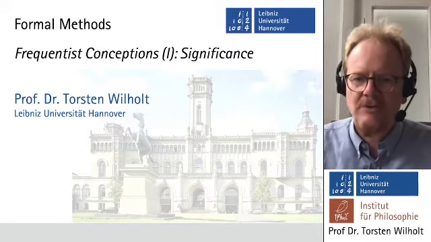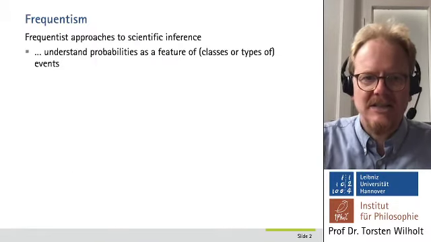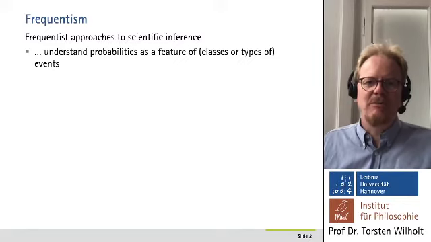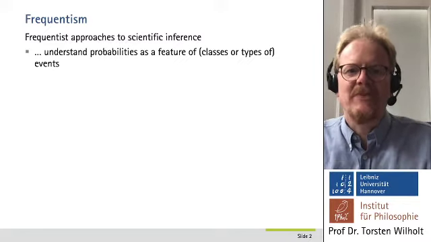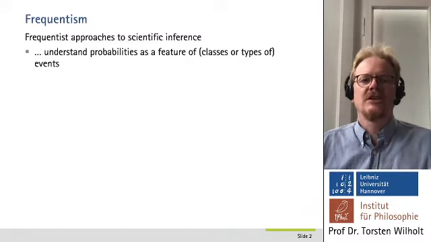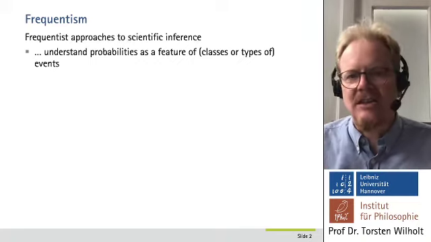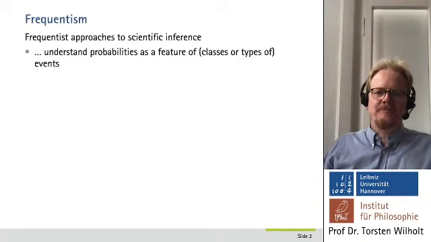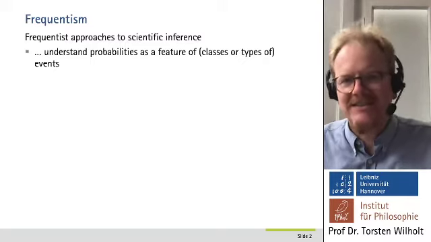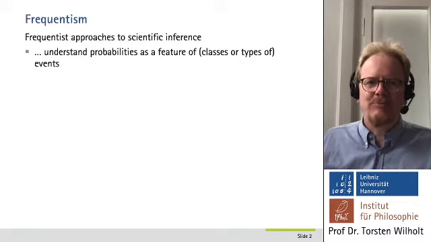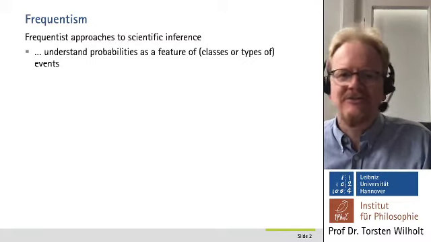interpretation of probability, and frequentist approaches to scientific inference understand probabilities as a feature of events or classes or types of events, not propositions in general, but only event types are understood as the things that are properly understood to have probabilities.